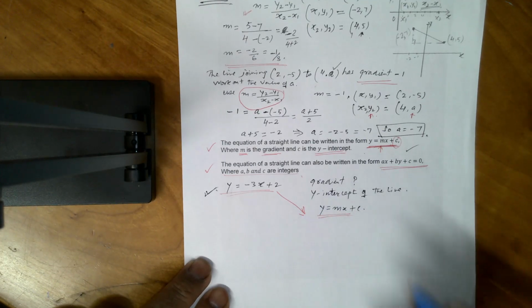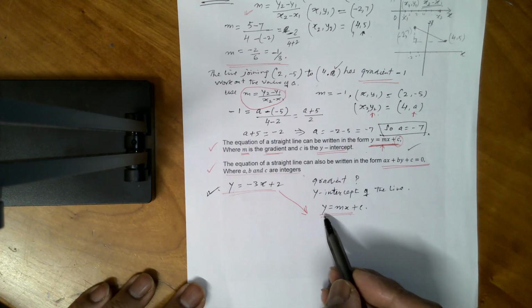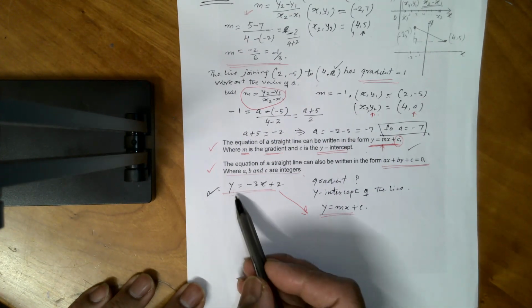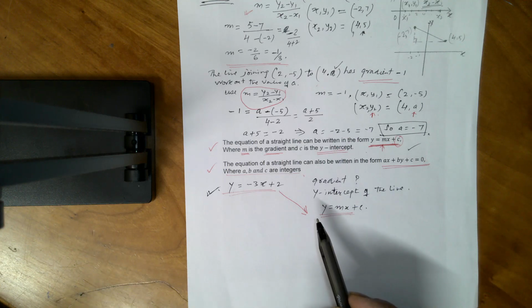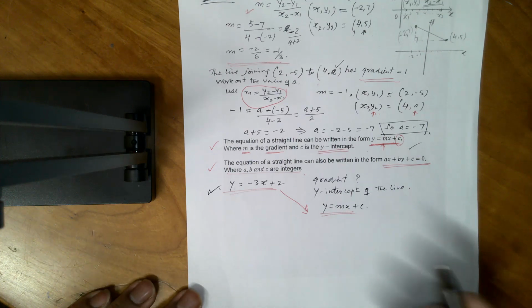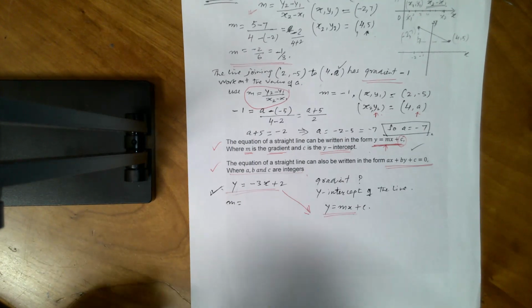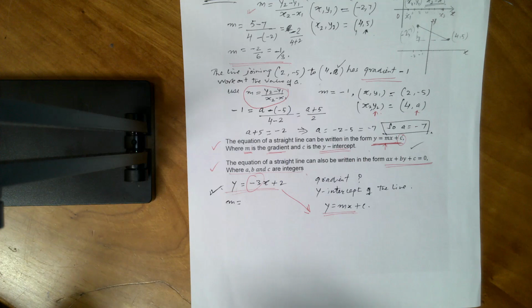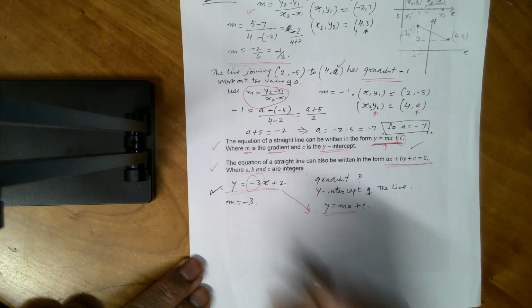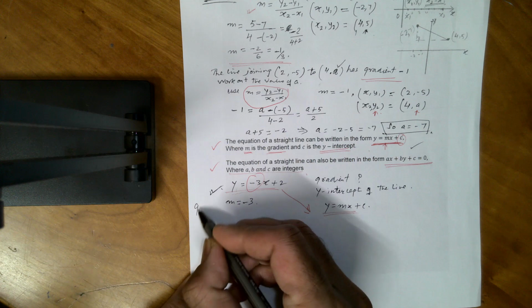If it's in this form, then more or less you can just say this is what the gradient is. Your equation being given to you is already in that form, so you don't really need to do much. You can just write straight away the gradient m, that is what your m here is, -3. So you just write down that your gradient m is -3. Okay, got it?